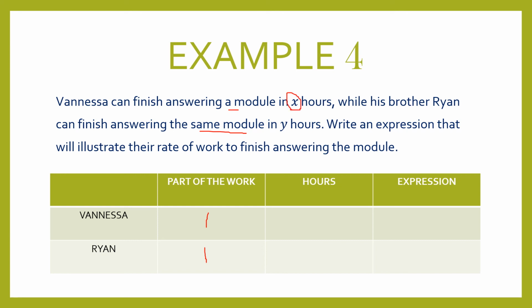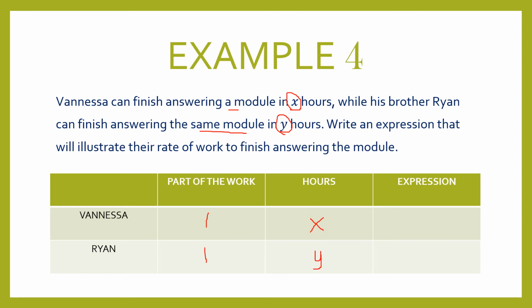Ilalagay mo lang dito, ang hours ng pagsagot niya ng module ay X, kasi nirepresent siya as variable. Next, si Ryan naman, ang oras na kaya niyang tapusin ang pagsagot ng module ay nirepresent as Y. So, isusulat natin dito ay Y.